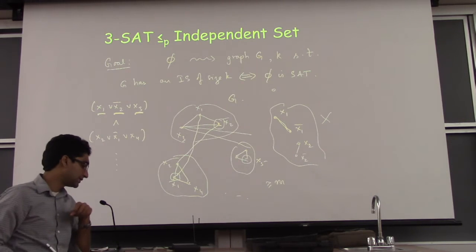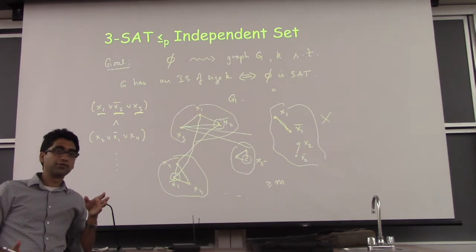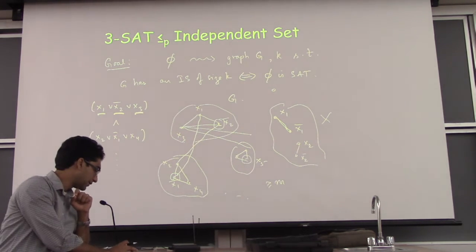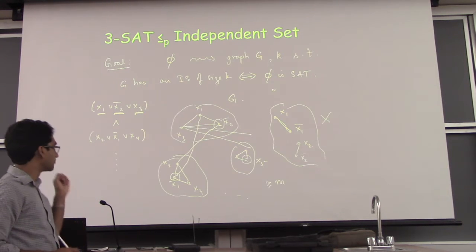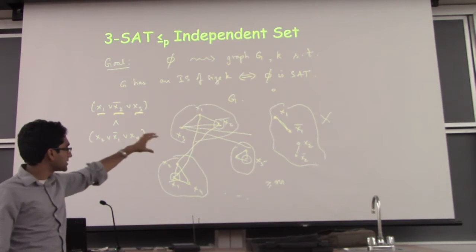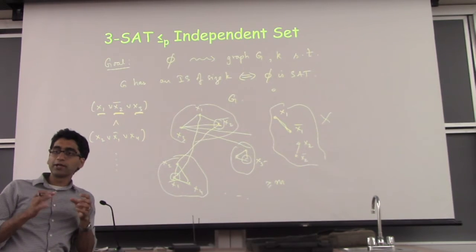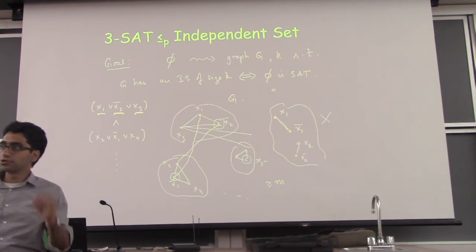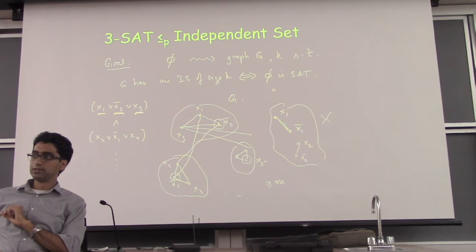And actually, we just proved it. If you have an independent set of size m, there are m such groups, there's no way you could have picked more than one vertex in each group, so you should have picked exactly one in each group.